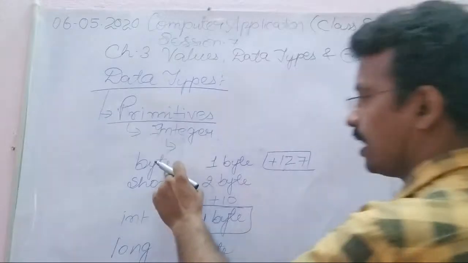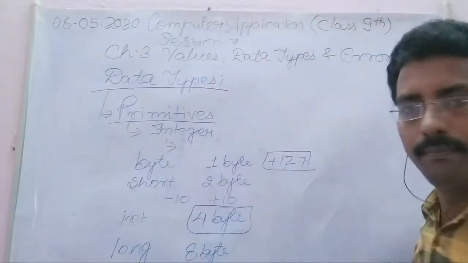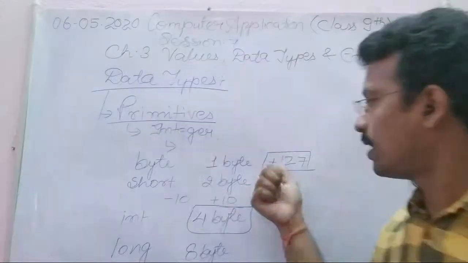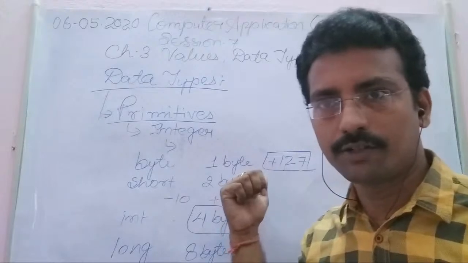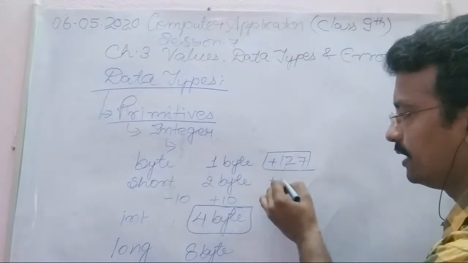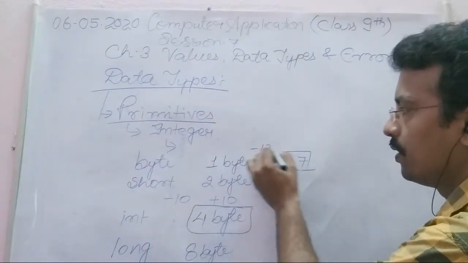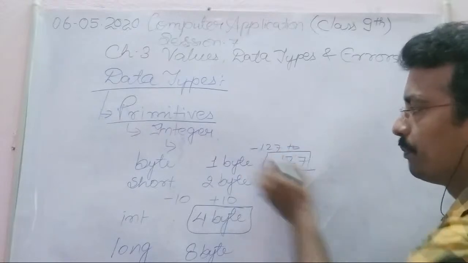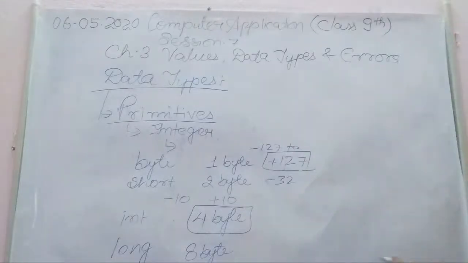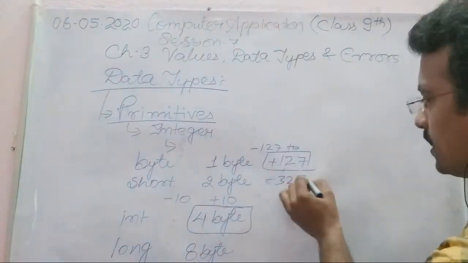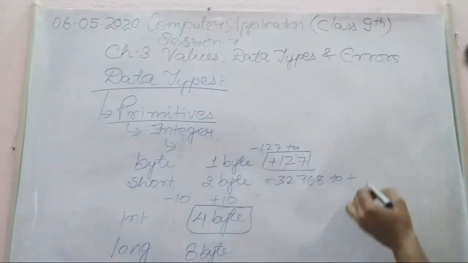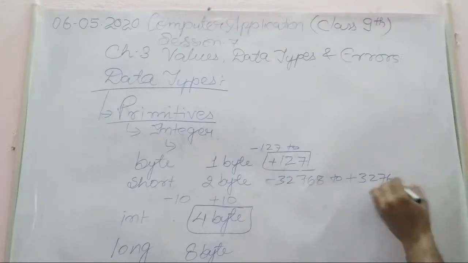If we want to use a variable of byte type, it is going to store a maximum value of 127, its final range. Next, if we use a short value, its range is from -32,768 to plus 32,767.